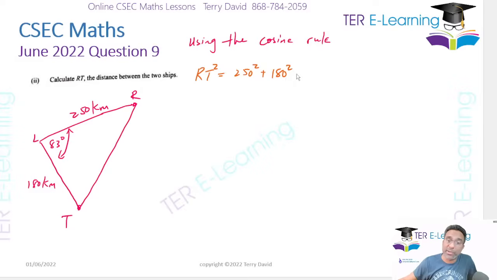This is given to you in the exam. Minus 2 by 250 multiplied by 180 multiplied by cosine 83 degrees, right?